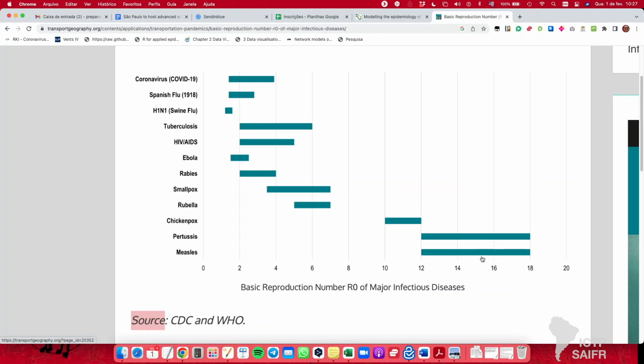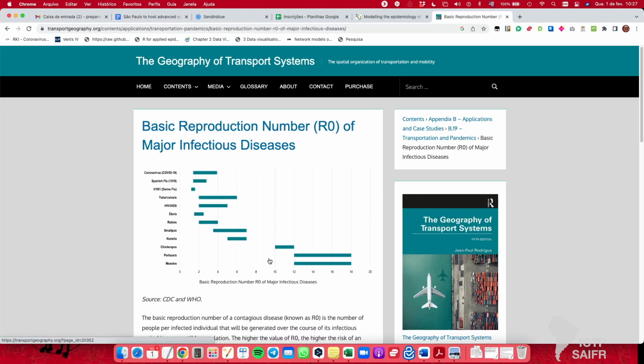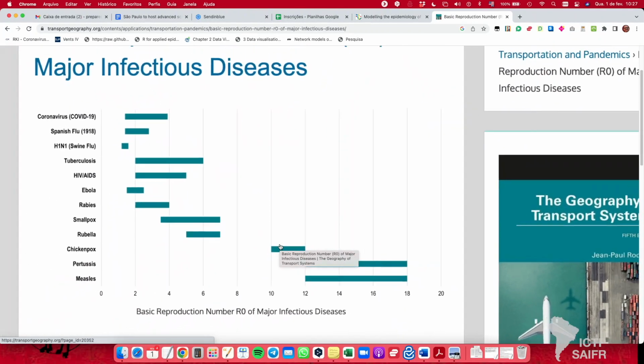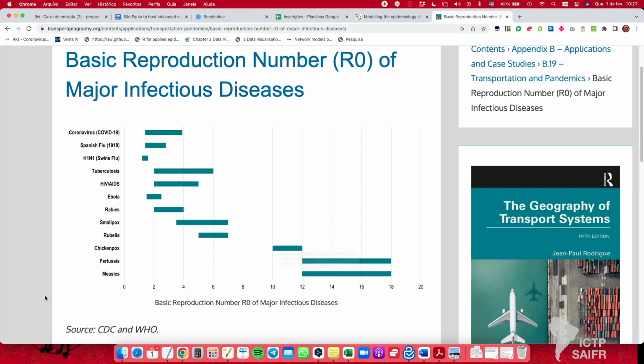For instance, measles is more or less 17, and pertussis, coqueluche in Portuguese, is also like measles. So what does it mean to have a high R0? The first thing is that a high R0 means an initially very fast increase of the infection.